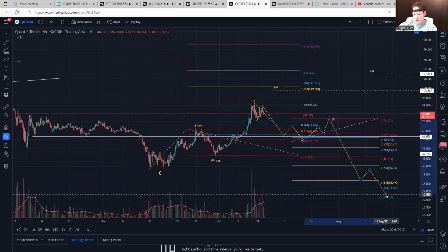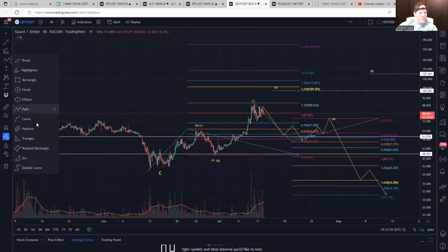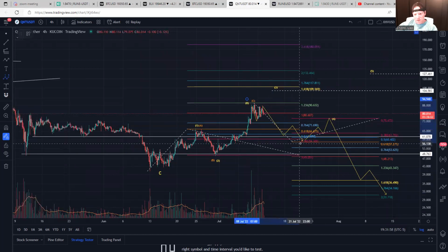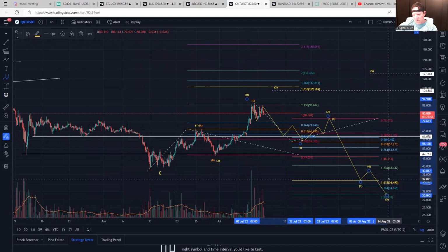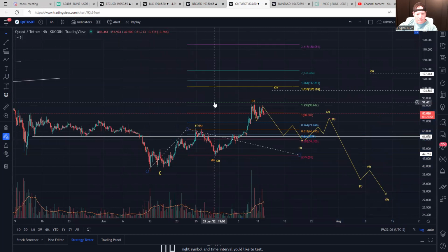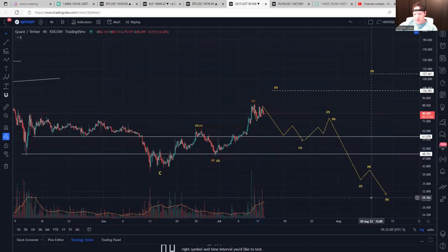I've done this so long, I just naturally get straight on it. Okay, so if we get rejected here, this could lead us to a 1, 2, 3, 4, 5 down to about $30.50 or so. This would be the bearish scenario.